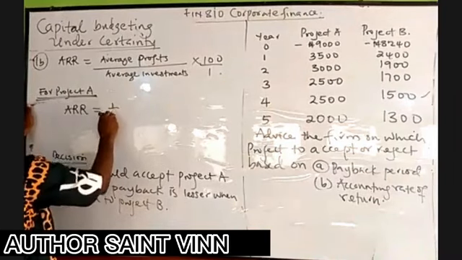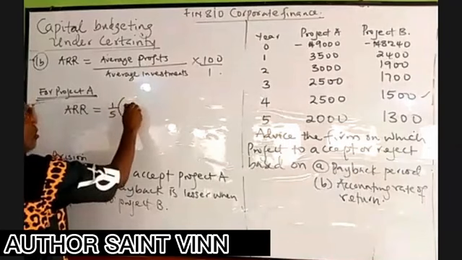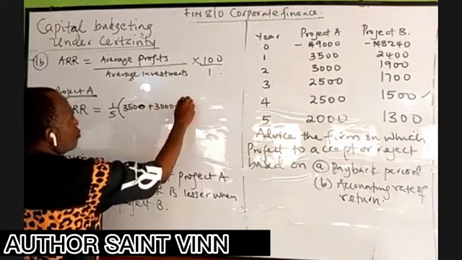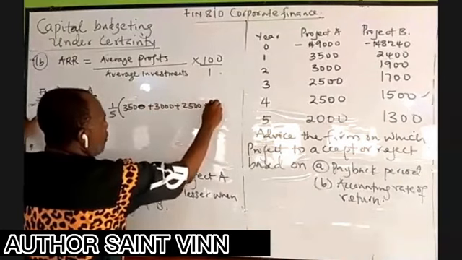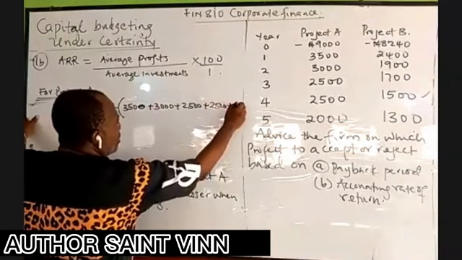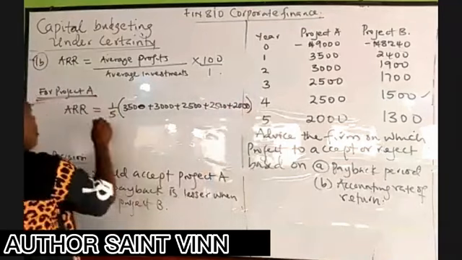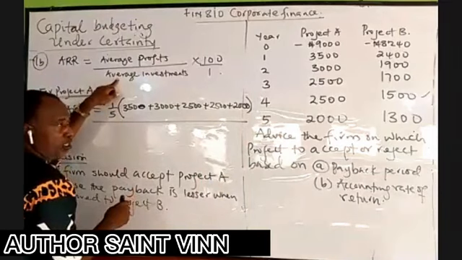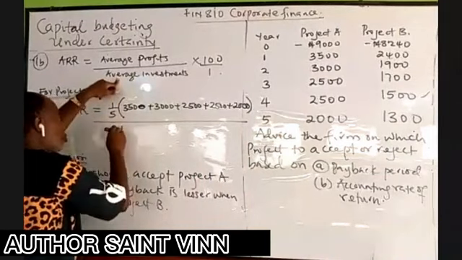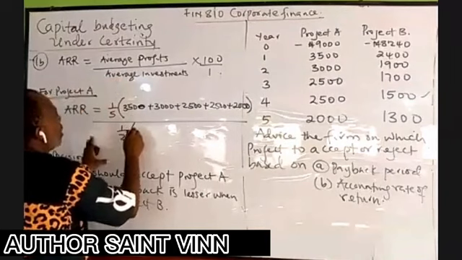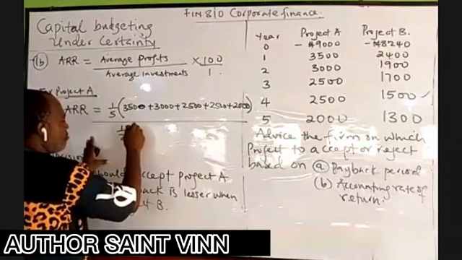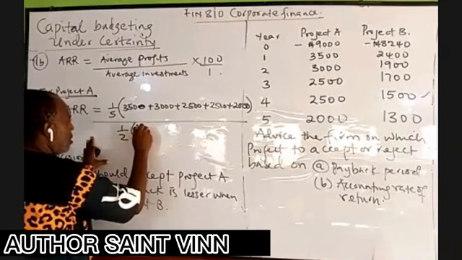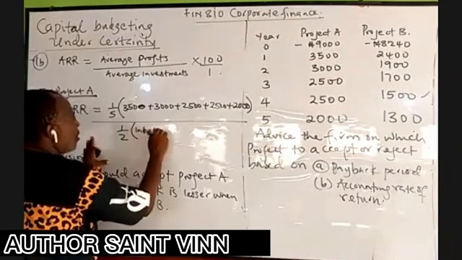Which means 1 over 5. 3,500 plus 3,000 plus 2,500 plus 2,500 plus 2,000, all over 5. This average is only going to be 2. This one is the initial cost.